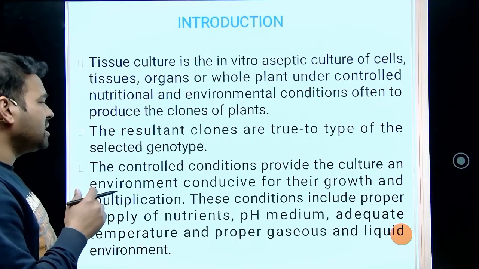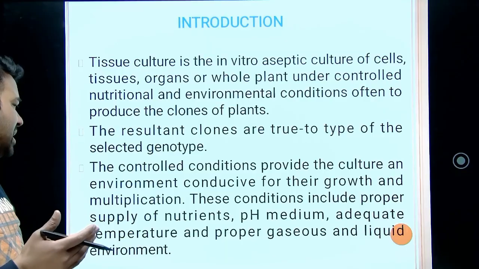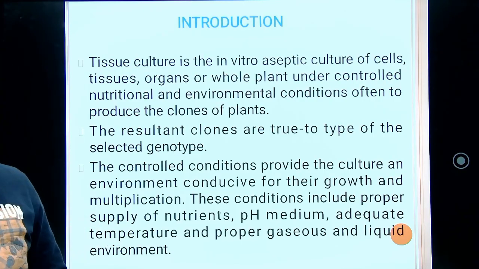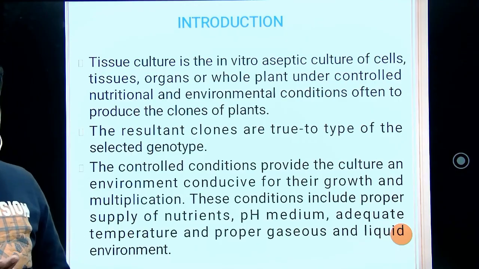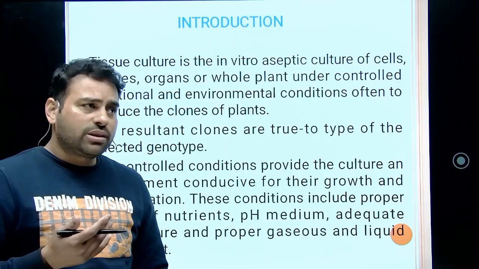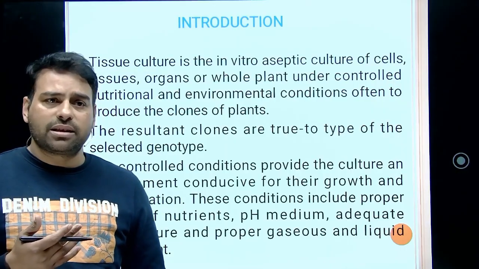The controlled conditions provide the culture and environmental conditions for growth and multiplication. These conditions include proper supply of nutrients, pH, medium, antibiotics, adequate temperature, sunlight, humidity, moisture. Everything we have to customize for adequate plant growth.